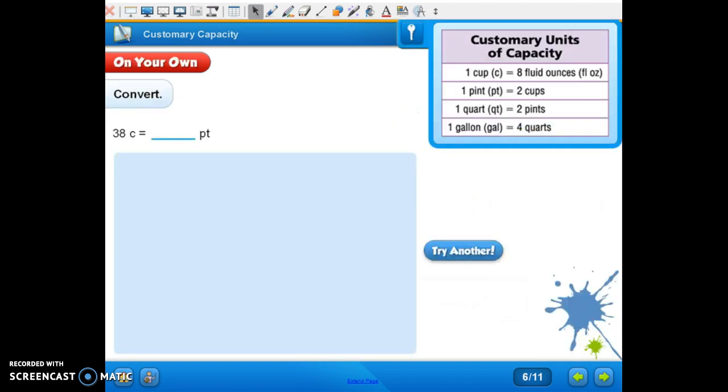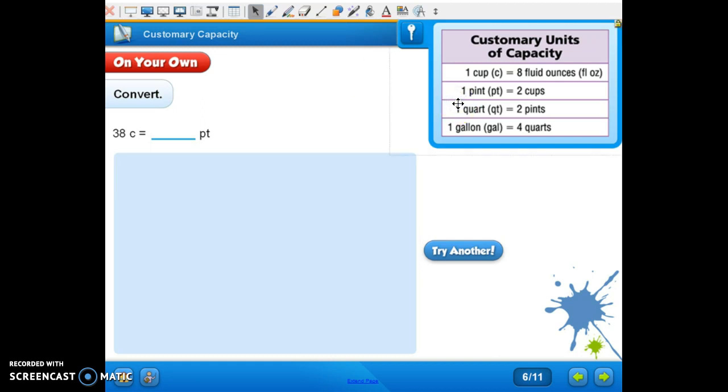Okay, so now you need to turn to page 411. This problem is number 5 at the top of the on your own page. 38 cups equals how many pints? What's our rule? We're going from a small unit to a large unit, so we're going to divide. So how many cups in a pint? 2.